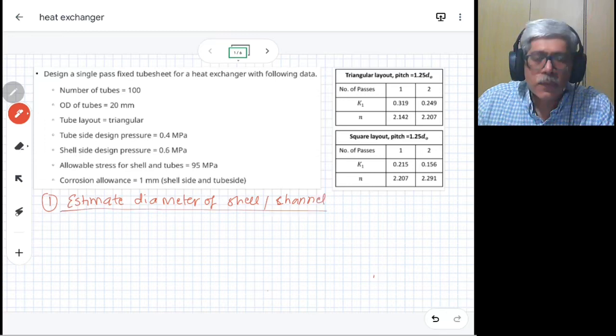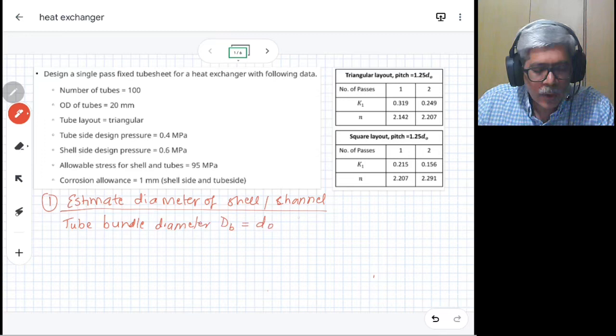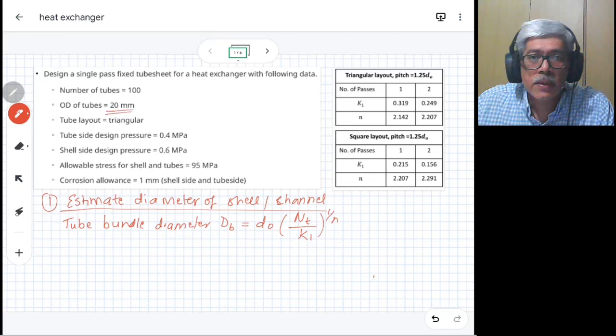So for that, we'll be using the empirical formula which requires the use of tube bundle diameter. So the tube bundle diameter dB is given as d naught times (Nt divided by K1) raised to 1 by n, where d naught is the outside diameter of tube which is given as 20 millimeters.